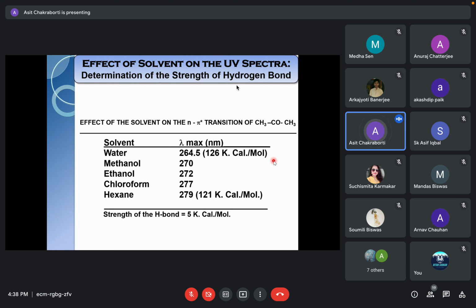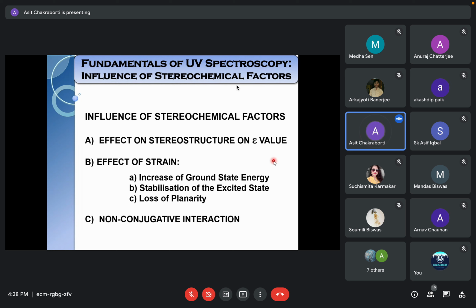And how do we estimate the hydrogen bond strength? UV can provide you hydrogen bond strength. All your physical parameters, like dielectric constant, polarity, etc., UV is used for that. I'll come to hydrogen bond when there is a necessity for that.